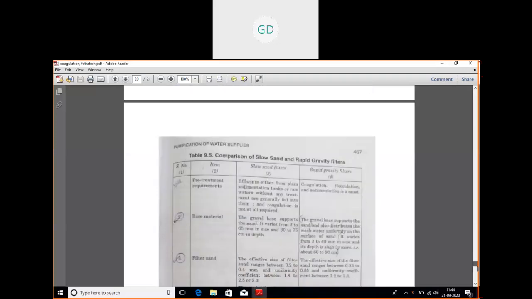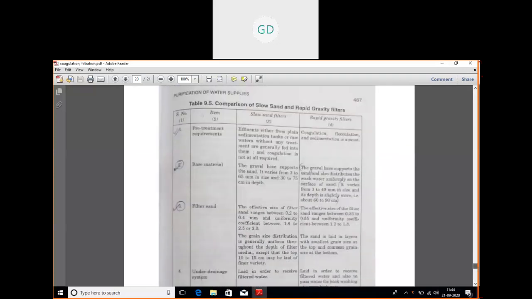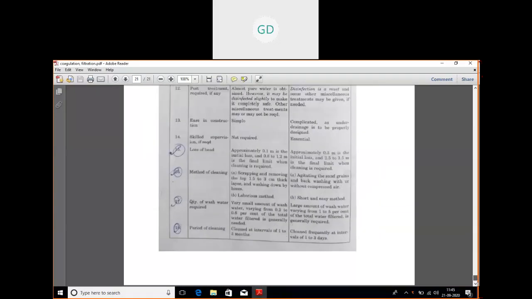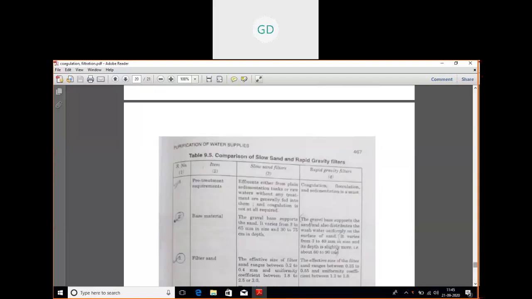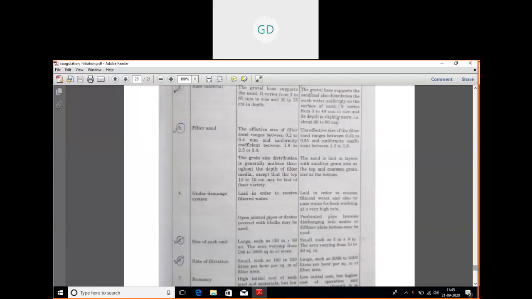Next, quickly proceed to the comparison of slow sand filter and rapid gravity filters. There are many comparisons in this book, almost 18. No need to write all 18, and 18 will obviously not come in your exam.